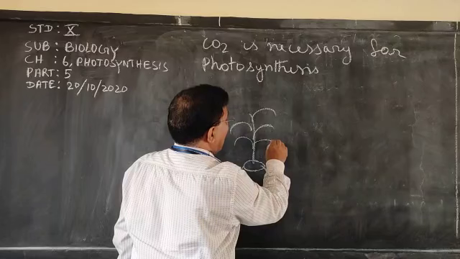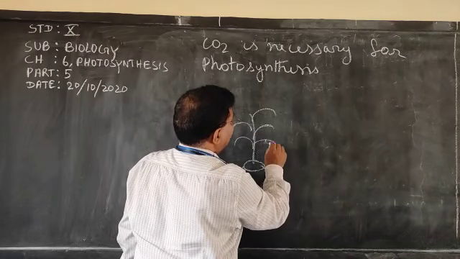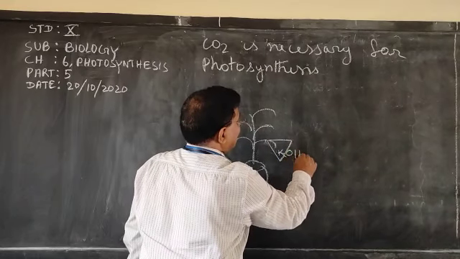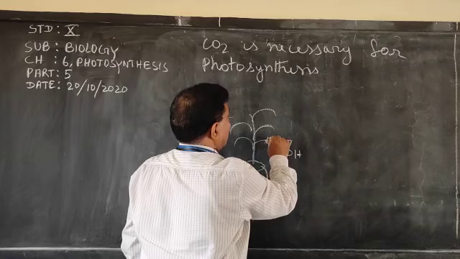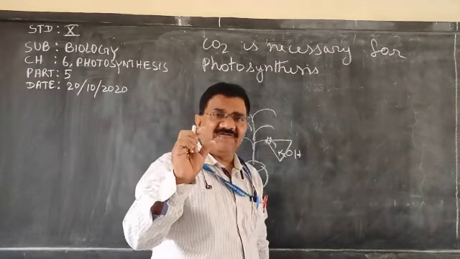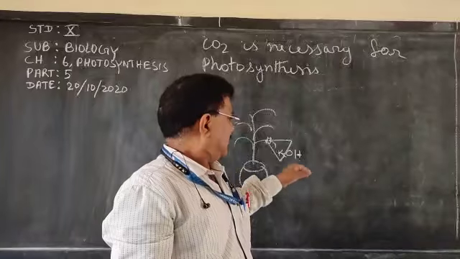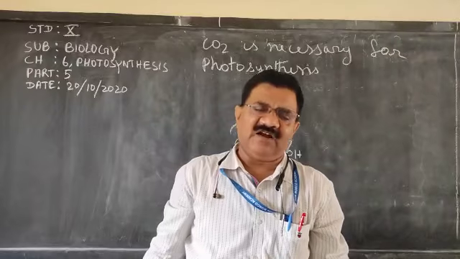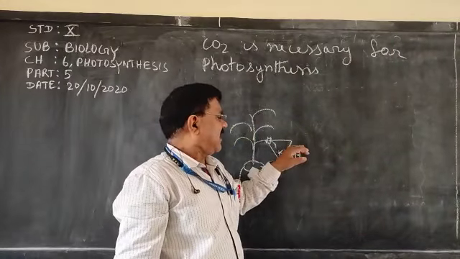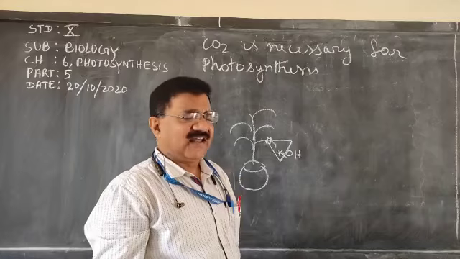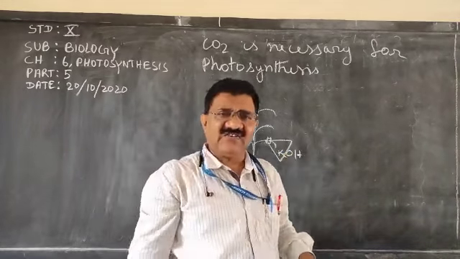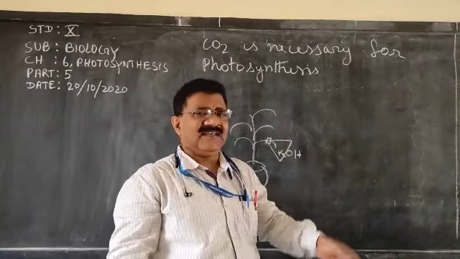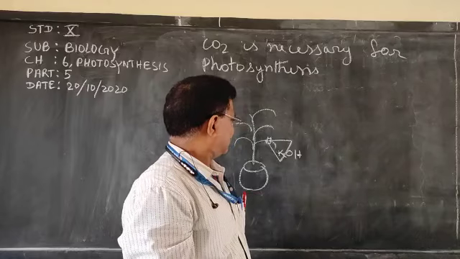Half of one leaf we will insert in a conical flask containing potassium hydroxide, and we know that potassium hydroxide absorbs the carbon dioxide. After de-starching the plant, we will put this and again keep the potted plant in sunlight for photosynthesis.